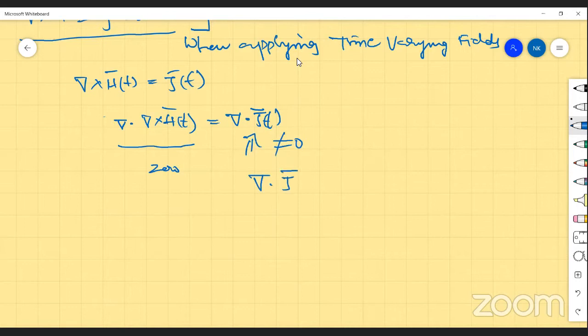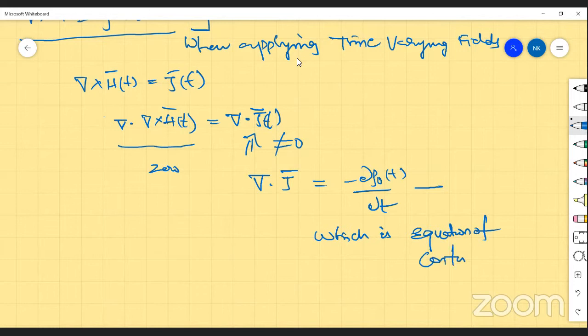Del dot J bar is equal to minus dou rho v of t by dou t, which is nothing but the equation of continuity. So this is called the inconsistency.